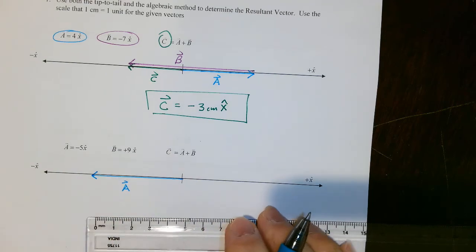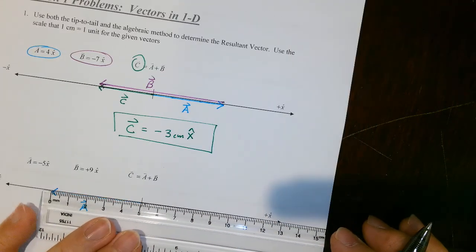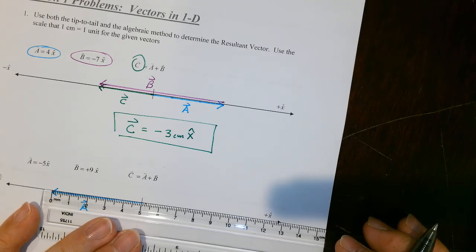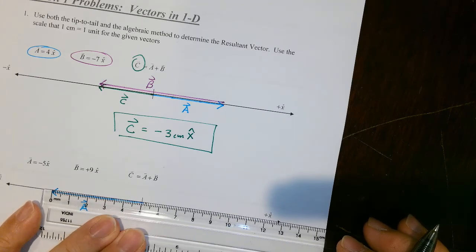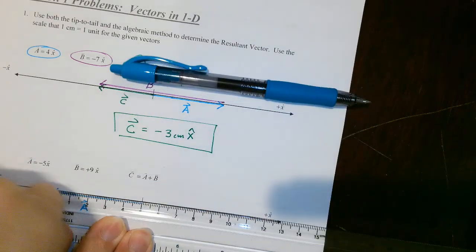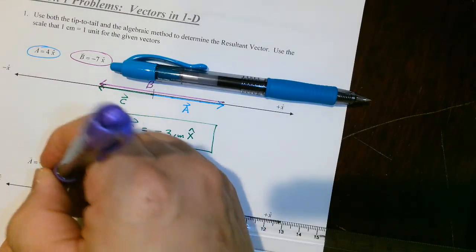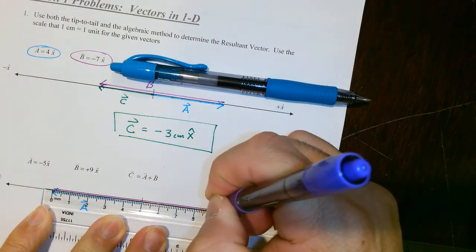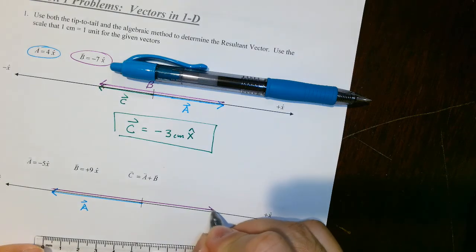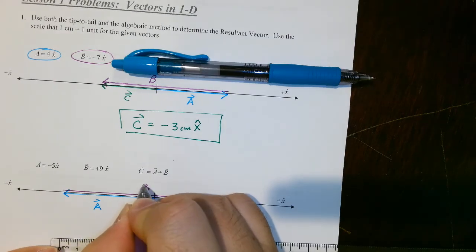And my B vector is positive 9. Therefore, I'm adding B vector to my A. So at tip of my A, I will place my tail of B. So here is my B vector, 9 centimeters long in the positive x direction. So here's my B vector.